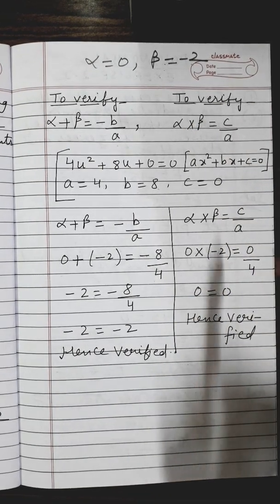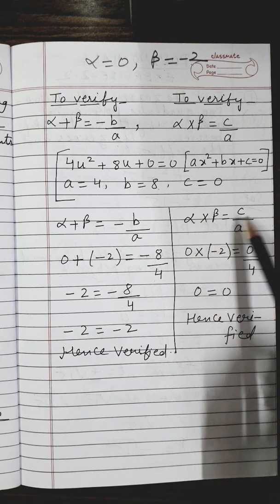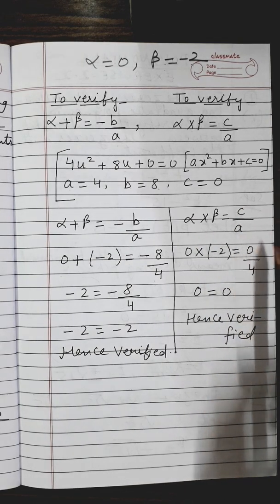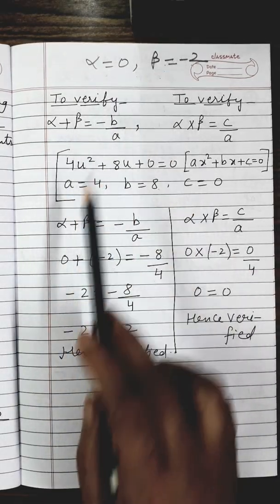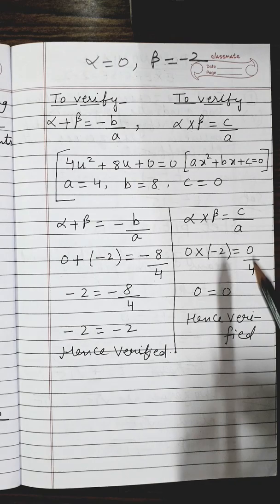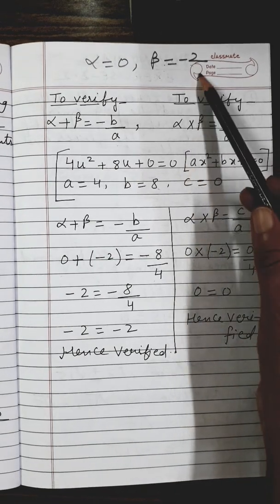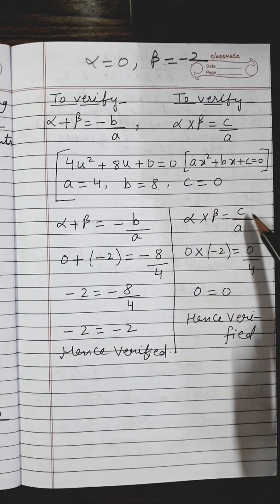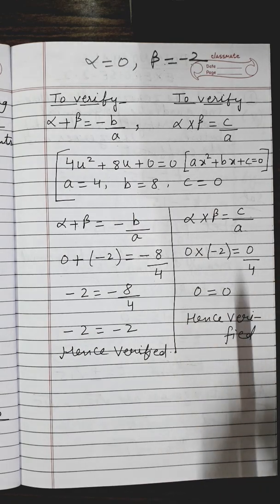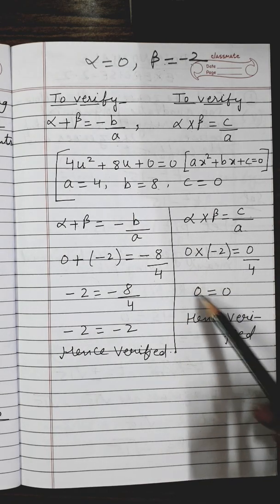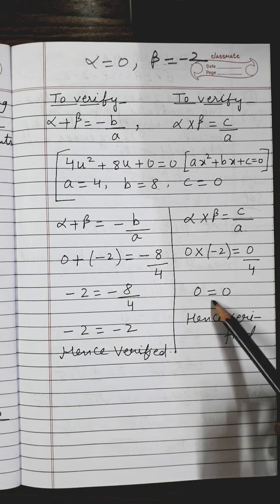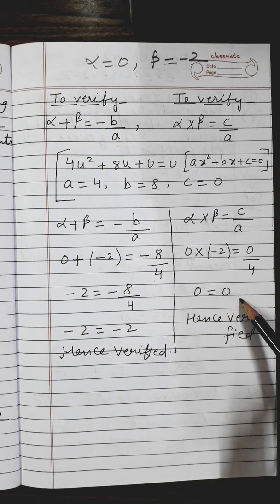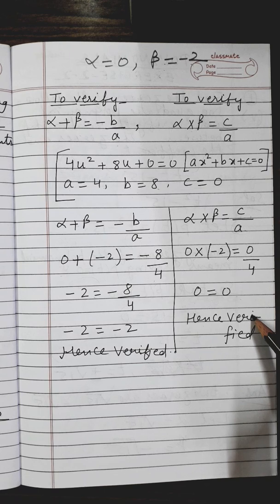That means you have to show that the product of the zeros is equal to c upon a. c is the constant term and a is the coefficient of x square. So pick the values of alpha, beta, a, b, c from above. Alpha is 0, beta is minus 2, c is 0, a is 4. So 0 into minus 2 gives you 0, equals 0 upon 4, which gives you 0. So 0 equals 0, left side equals right side. So you get hence verified.